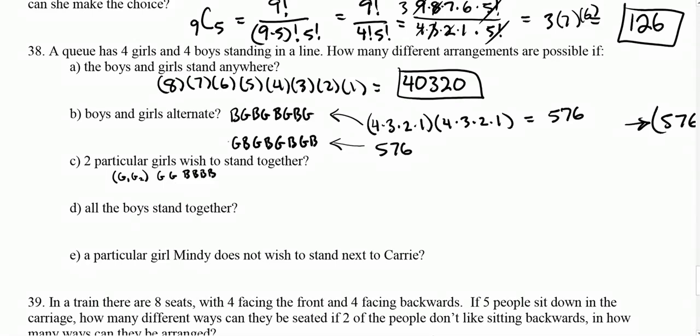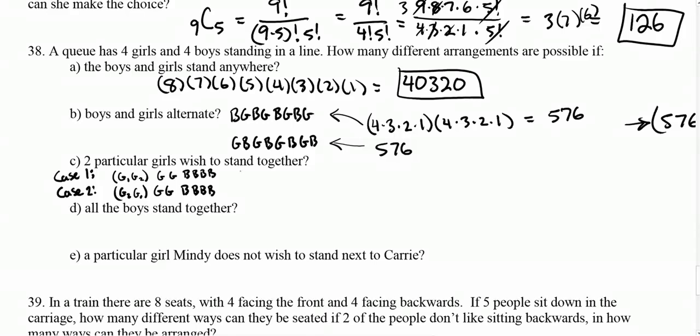So instead of having 8 people here, I'm going to see it as I got, in a sense, 7 choices. But this is case 1. Because the 2 girls that are standing next to each other can switch places. So we can also have girl 2 and then girl 1, and then the others still follow.